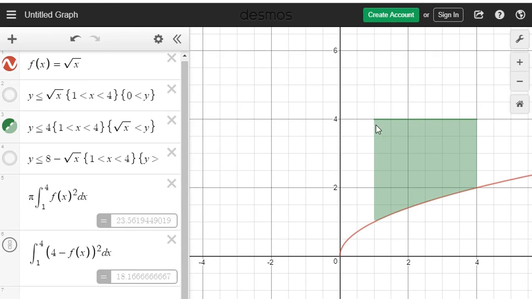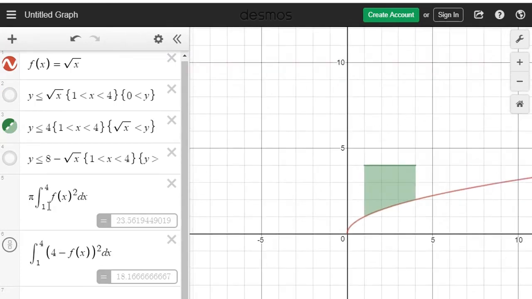So if I look at the height of my green area from x equals 1 to x equals 4, my height completely changes. The height is now 4 minus f of x, and I'm going to call that the radius of my circle. So if I'm looking at the rotation, when I rotate this around, it's going to again look kind of like a lampshade.